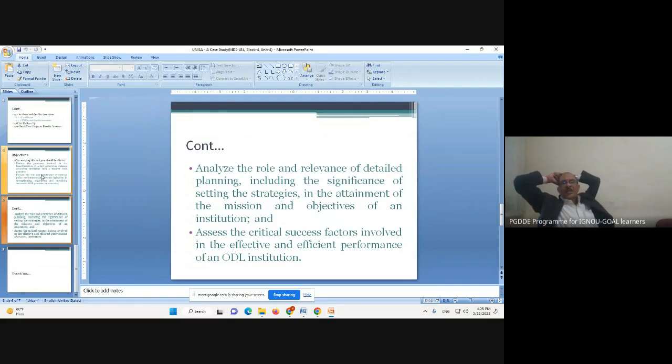UNISA acted as the examining body for the external students who were admitted from various African countries for the University of London programs. University of London started offering programs to African students in various degrees and postgraduate programs. So for those students, UNISA acted as an examination body, helping the University of London.